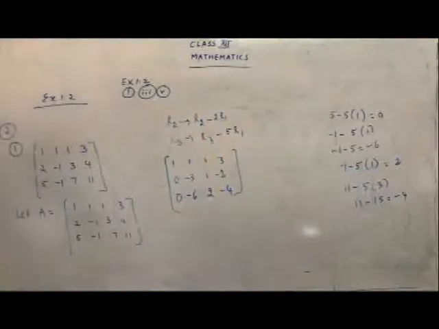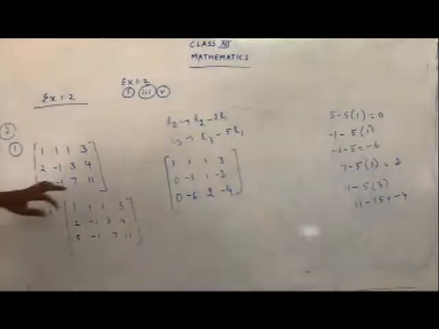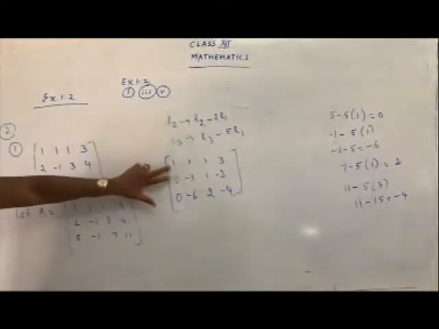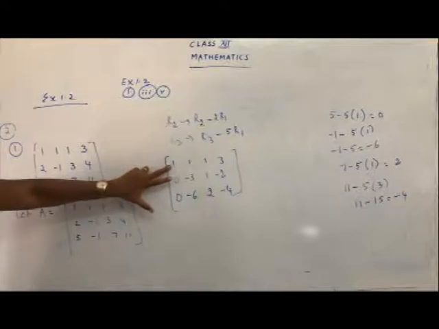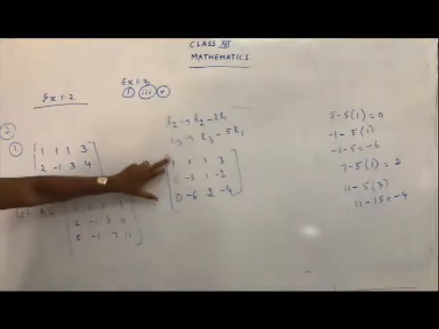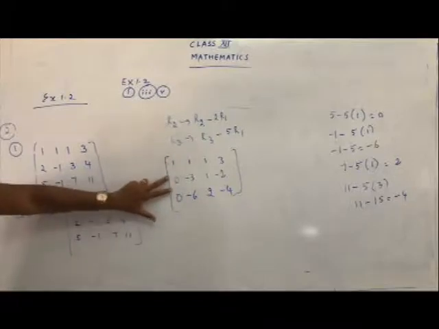What I have told you, we have to bring zeros below the number 1, that is, below the first element. The first element was 1, and now we have got 2 zeros below it. How did we get this?